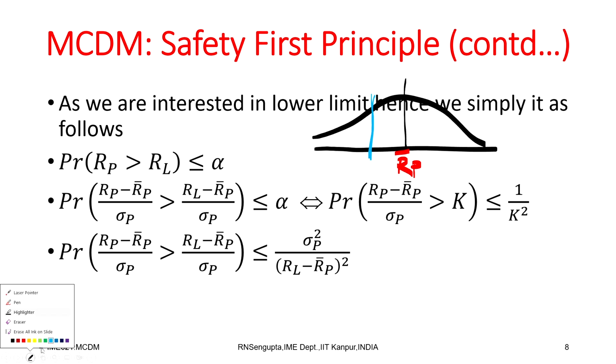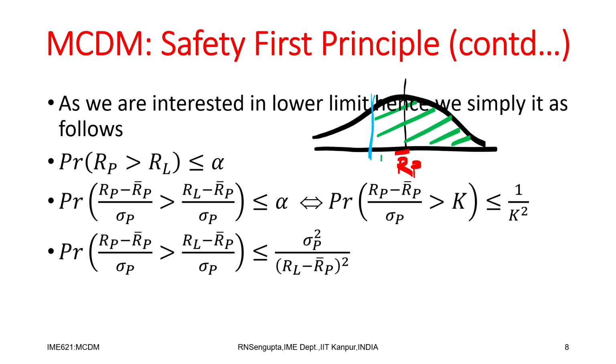If I denote it in green color, this is the area I want to find out. In the previous case, it was trying to find out the left hand side, so I wanted to minimize. Here I want to basically maximize. Minimizing means it will push the RL line onto the left. In the same way, if I want to maximize the right hand side, it is the same thing. If I move RL to the left, minimizing on the left is exactly equal to maximizing on the right.